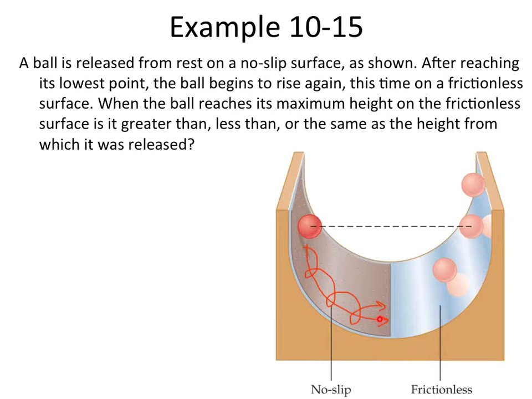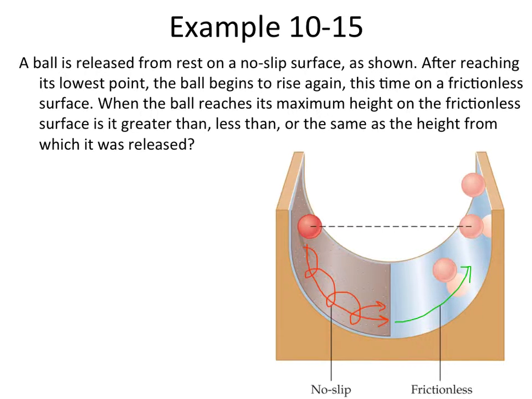However, as we go back up, as the ball goes back up, and let me do this in a different color, I'll do this in green, the ball is going to be moving up like that, and it's still going to be spinning.